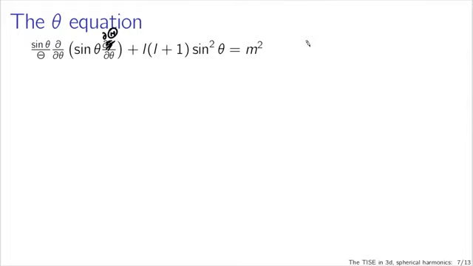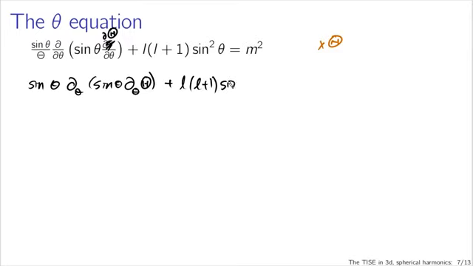We can simplify this a little bit, as before, multiplying through by the capital theta to get rid of this theta in the denominator, essentially. And what you end up with is sine theta, partial derivative with respect to theta, of sine theta, partial derivative with respect to theta of our theta function, plus l times l plus 1, sine squared theta, minus m squared, and I'll put this in square brackets and multiply it all by my theta function, is going to be equal to 0.